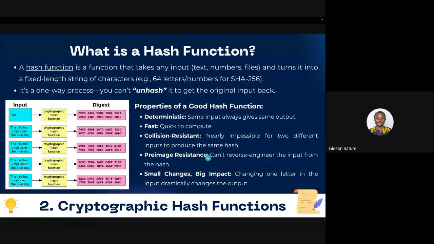So your hash function should be collision resistant. That is, every unique input should give a unique output. You shouldn't say, I put AAAB and I put AB and I'm having the same result. No. So a good hash function should be collision resistant.